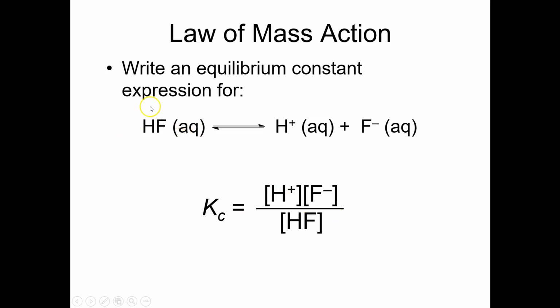Well, there's only one reactant, so there's no product, it's just its own concentration, raised to the power of its coefficient in the balanced equation, which is 1. So there's a fairly straightforward equilibrium constant expression in which all of the coefficients are 1.